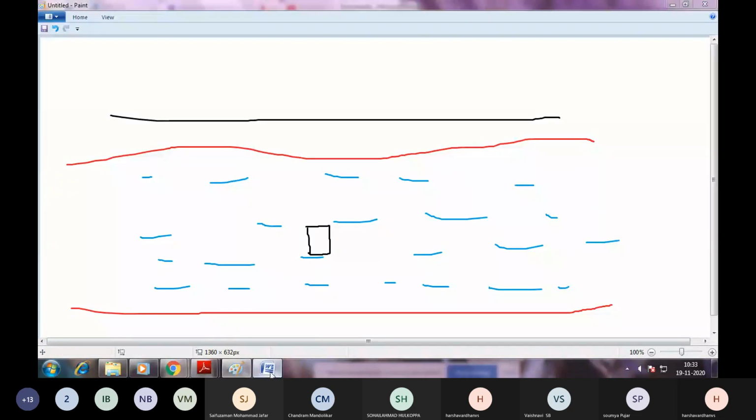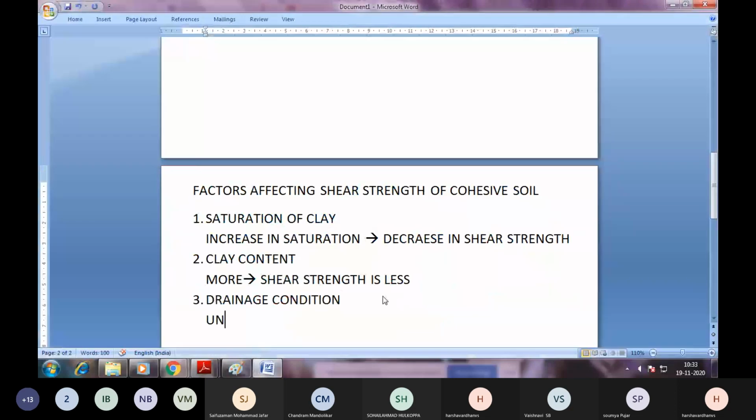If there is no drainage, that is, if the soil is undrained, undrained soil has very low shear strength.